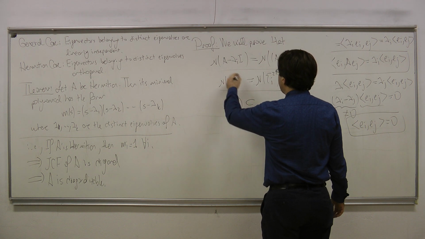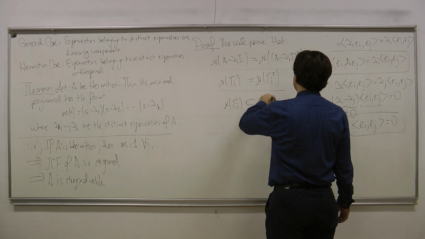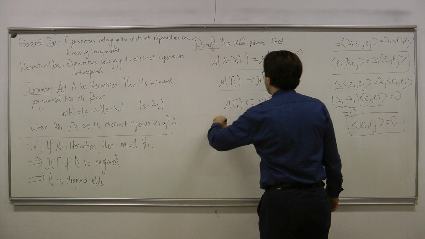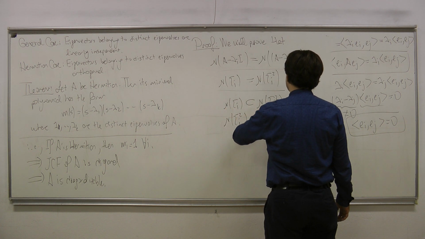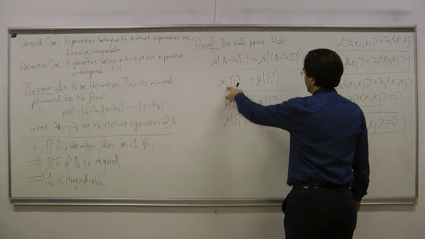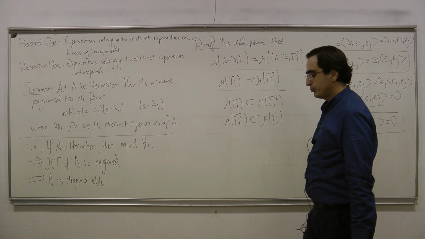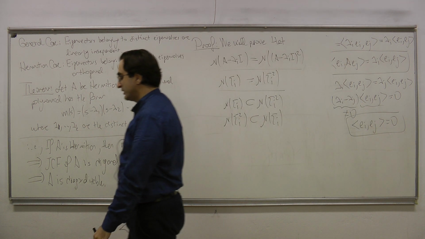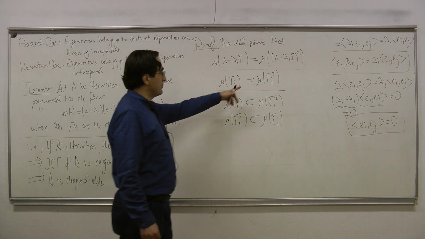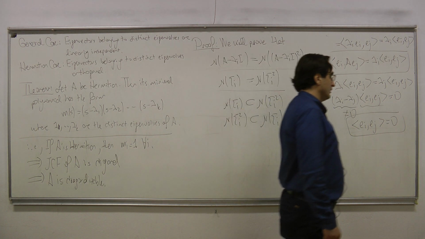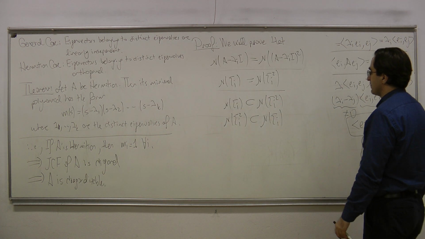I first show that this null space is a subset of this null space, and then I show that this null space is a subset of this null space. If I show that both of these relationships are correct, then the only possibility is the equality of these two null spaces.